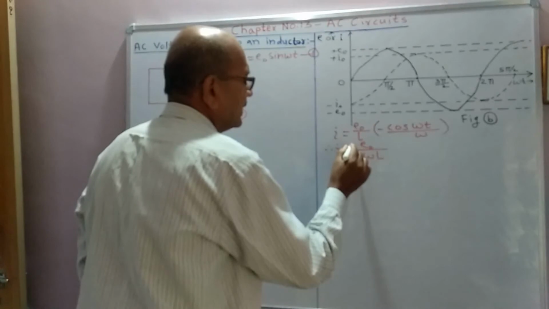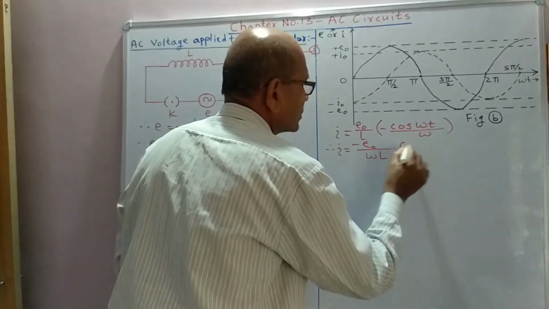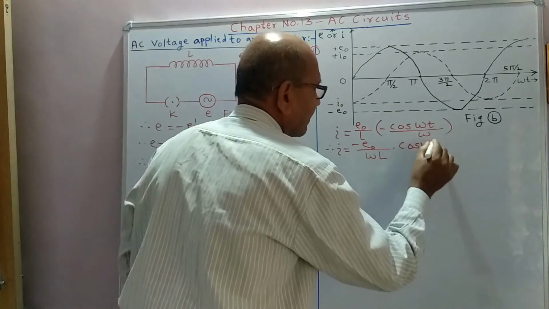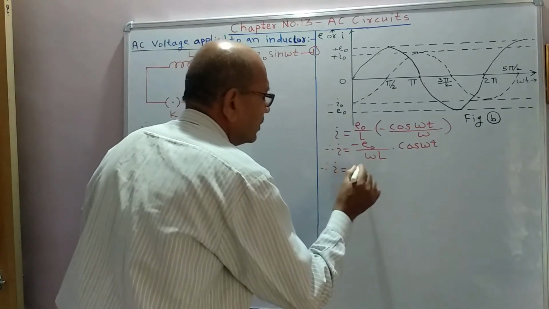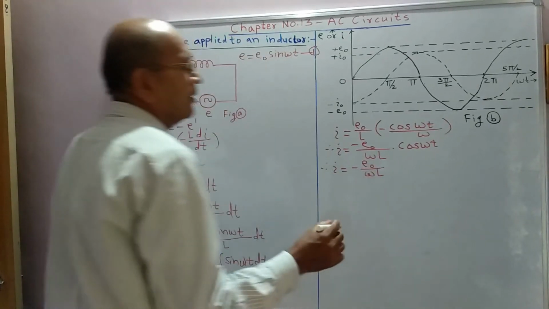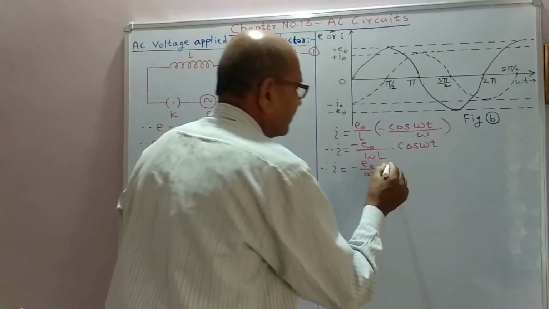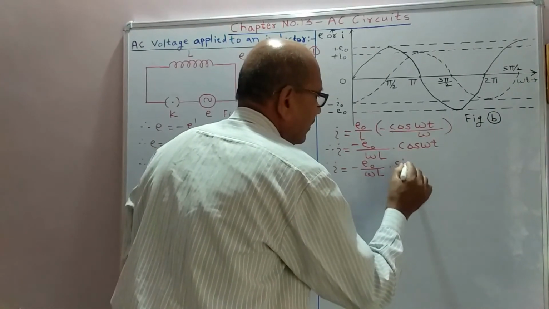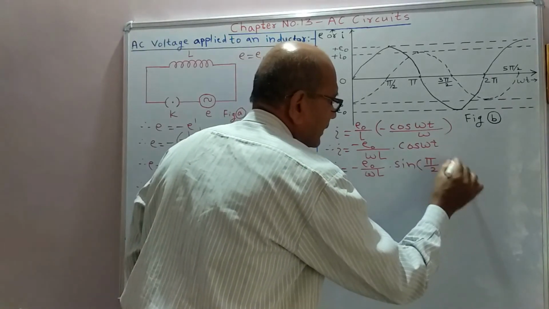Minus sign can be taken ahead of E naught into cos of omega t. Therefore, I is equal to minus E naught upon omega L cos of omega t. Now according to trigonometric relation, cos of omega t is sine of pi by 2 minus omega t.